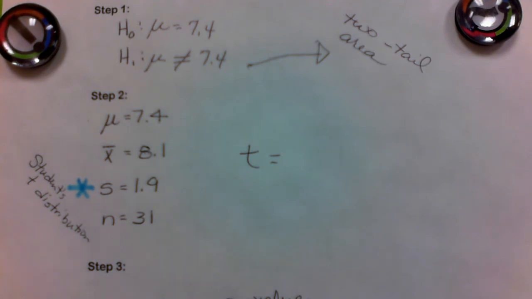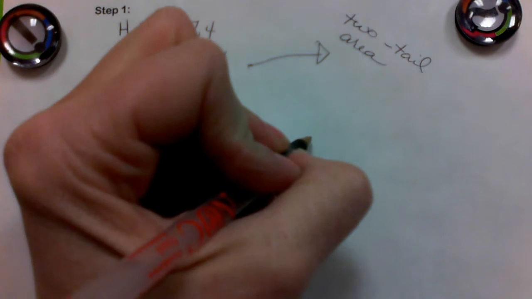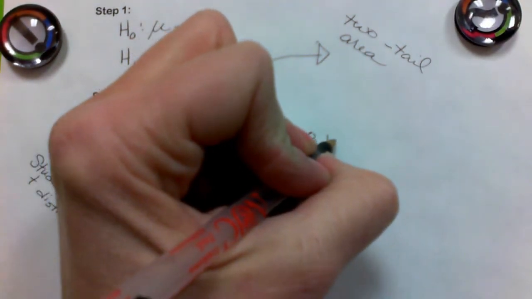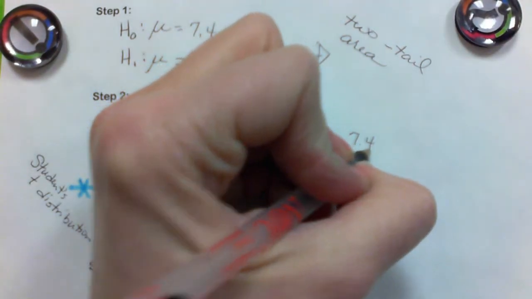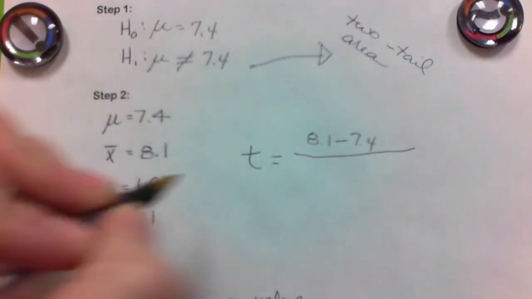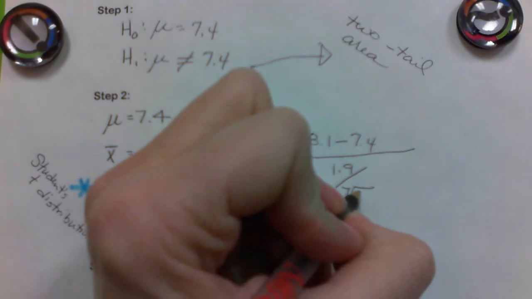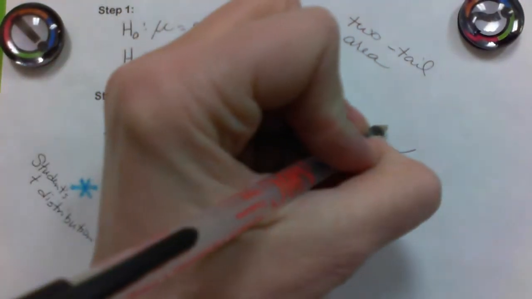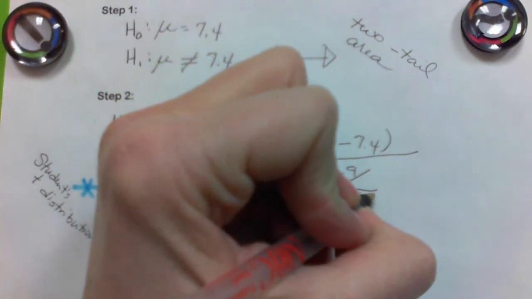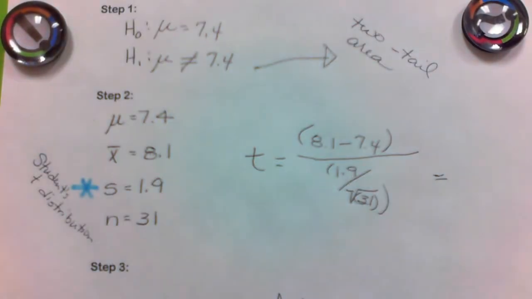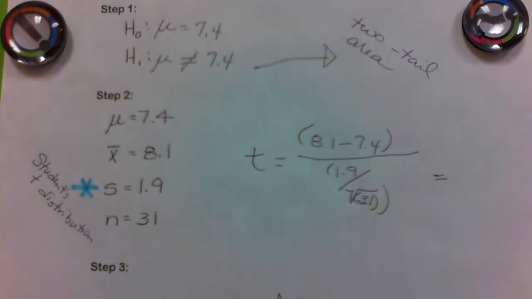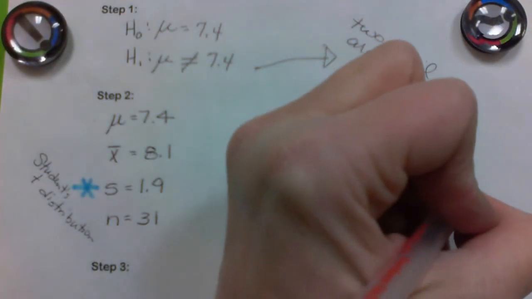So I'm going to plug in my numbers to my formula, which is X bar, 8.1 minus mu, 7.4, divided by S, 1.9, divided by the square root of 31. Don't forget where your parentheses go. And when you plug that into your calculator, and you can round to 2 decimal places. If you go further than that, that's fine. You get 2.05.